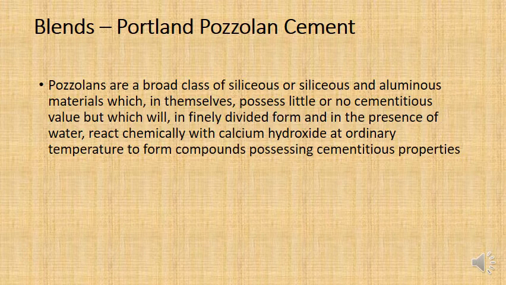What do I mean by shrinkage? Well, what happens with regular Portland cement is those molecules in the Portland cement, the tricalcium silicate, the dicalcium silicate, and tricalcium aluminate, they react with water molecules and they form new molecules together, calcium silicate aluminates, for example.